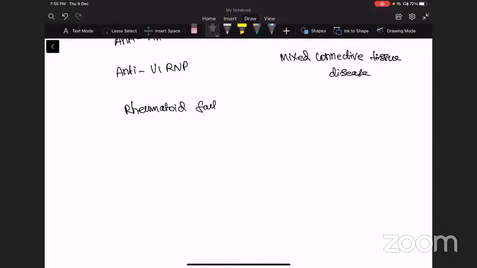Rheumatoid factor or anti-CCP is seen with rheumatoid arthritis.